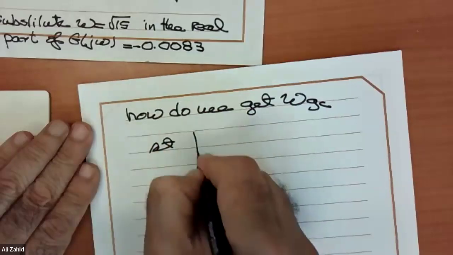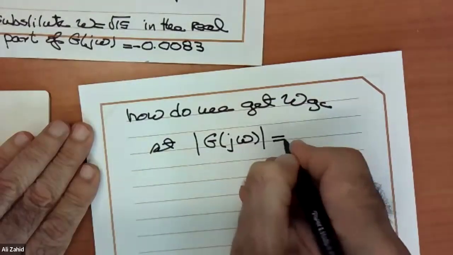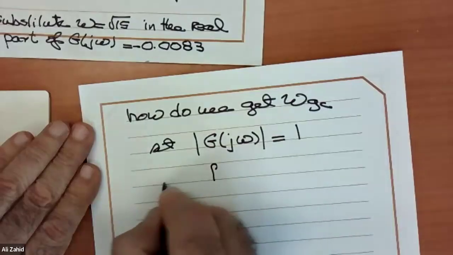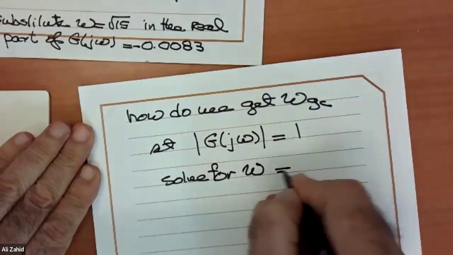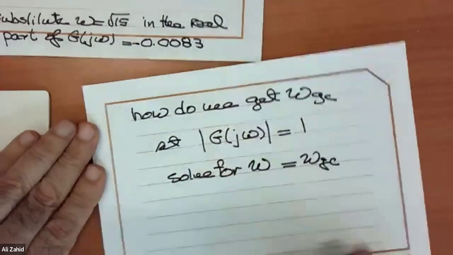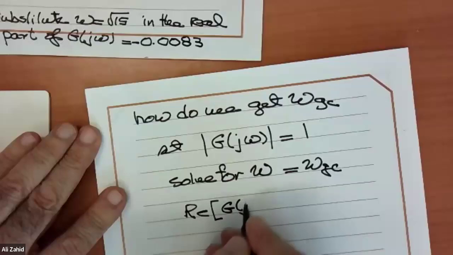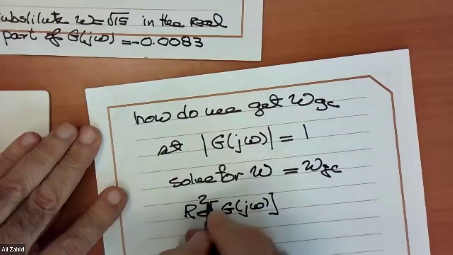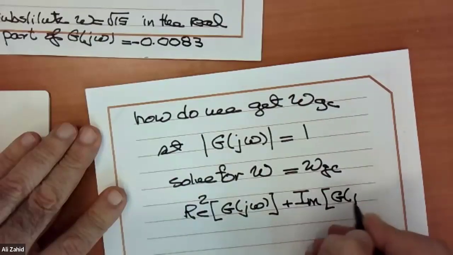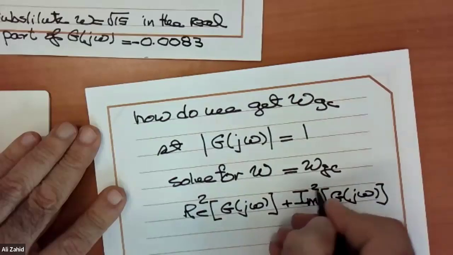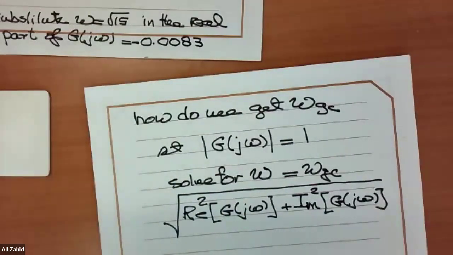Set the absolute value of G of j omega equal to 1 and solve for omega, which is omega GC. And what is the magnitude? It is the real squared plus the imaginary squared, the whole thing square root.